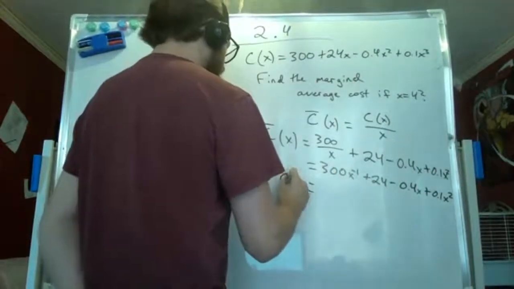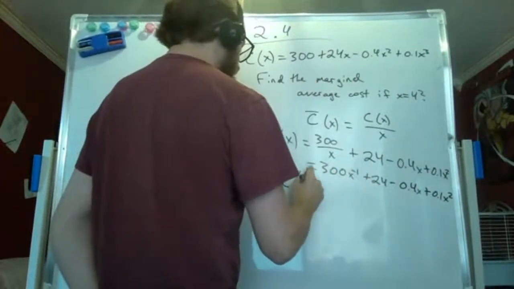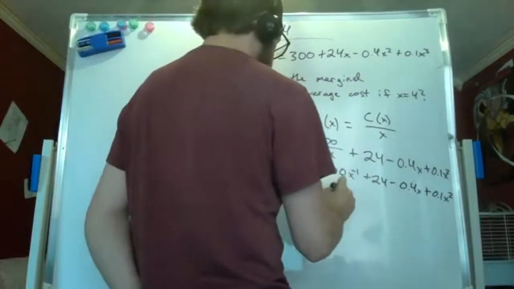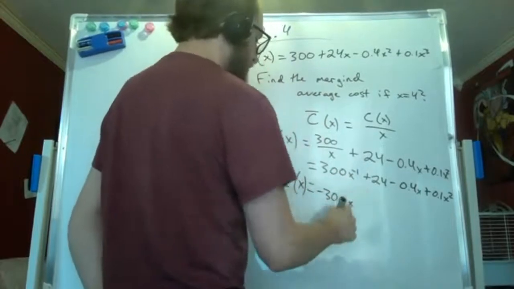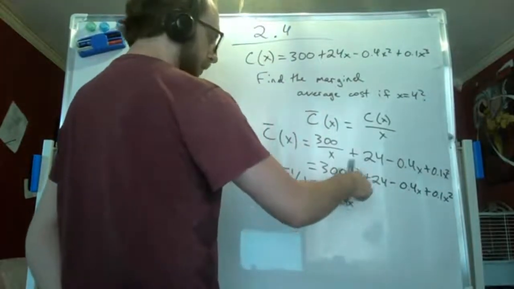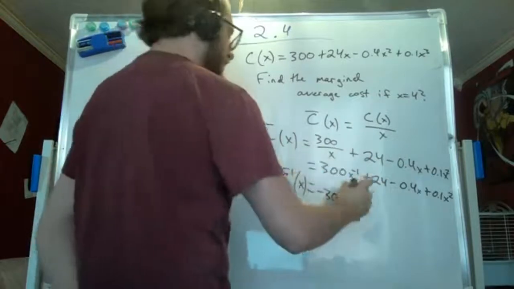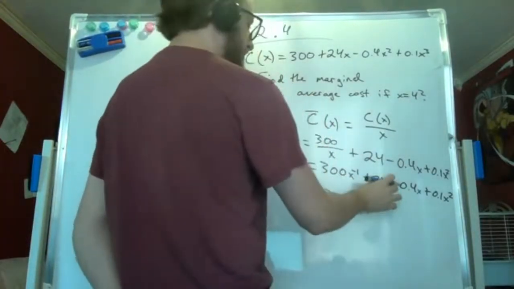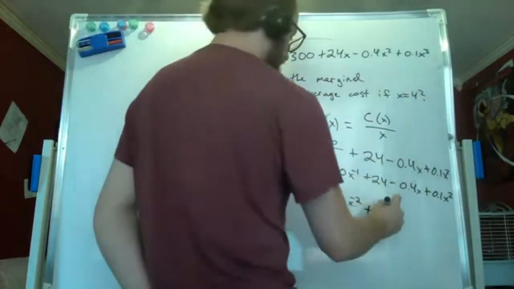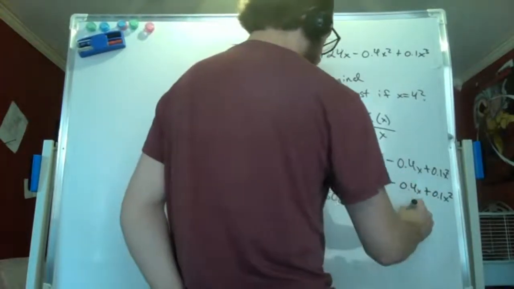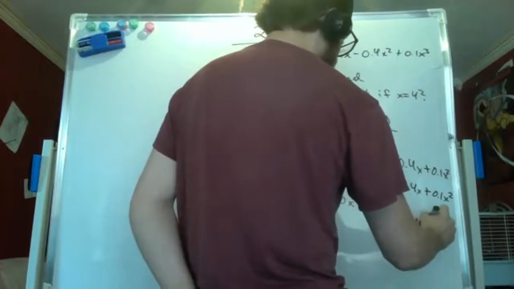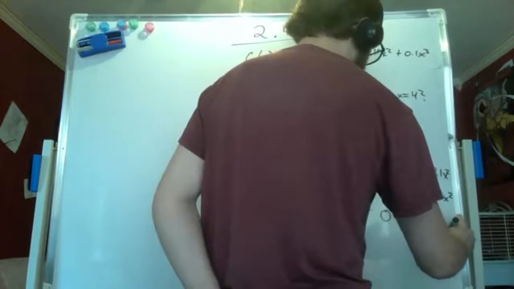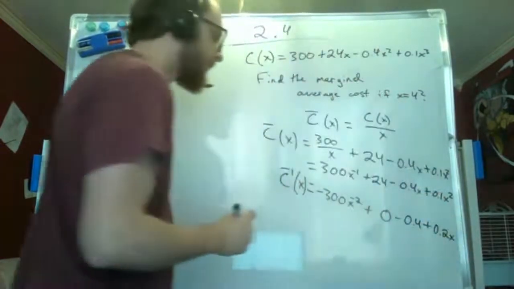So when we take the derivative, so that's c bar prime of x, the -1 comes down. We have -300. X raised to the power decreases by 1, so -1 minus 1, this is -2 now, plus the derivative of 24, that's a constant, so it's 0, minus 0.4 plus 2 times 0.1, that's going to give us 0.2x.